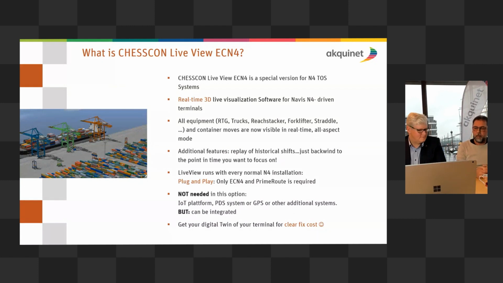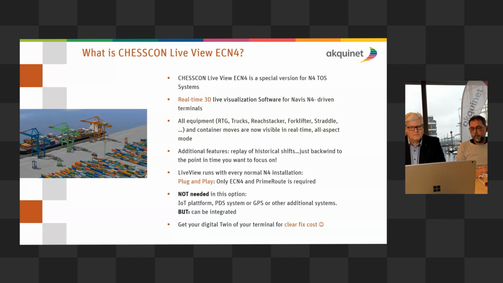So what you can see with this system is a complete 3D view with all your equipment, which means RTGs, trucks, reach stackers, and also all the containers, and you can also see the movement. Additionally, we are also able to read the N4 log files so that we can play historical shifts out of the log files.